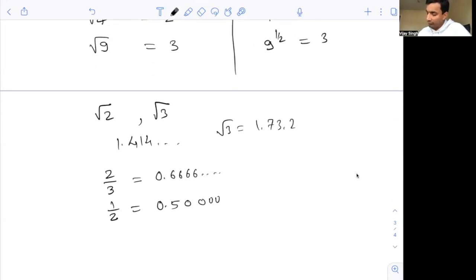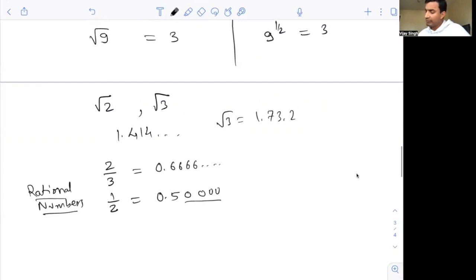Now, these are, of course, rational numbers. So rational numbers can be put in the form P over Q, and if you put them in the decimal notation, they will either have the same number or same set of numbers that will repeat after themselves, or they will always have trailing zeros.